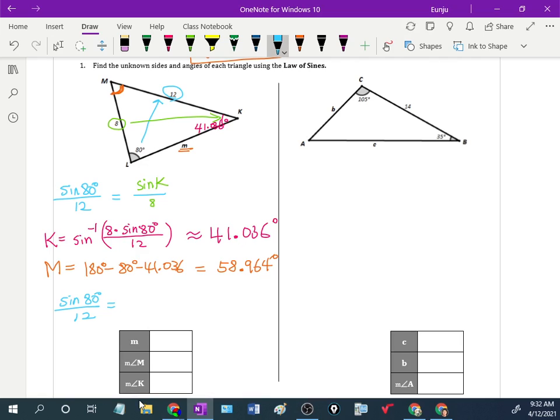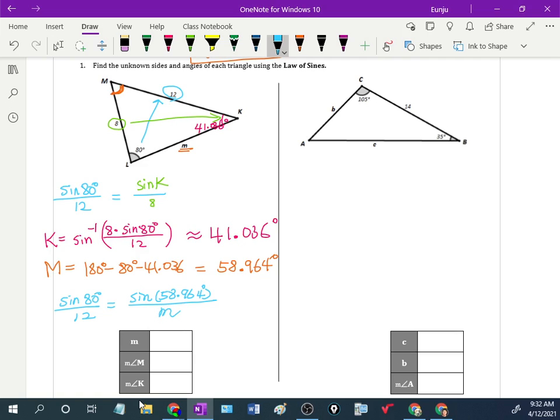So this will be going like that. Sine, what measure? We just found this, so we will use that as our number. I'm carrying more decimals. It's okay to have one decimal, but if you carry more and more decimals, the answer will be approximately better, right? So you can find the length of LK, which is m.